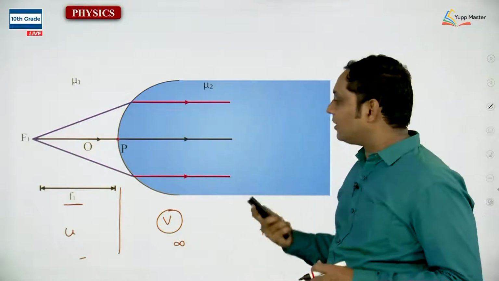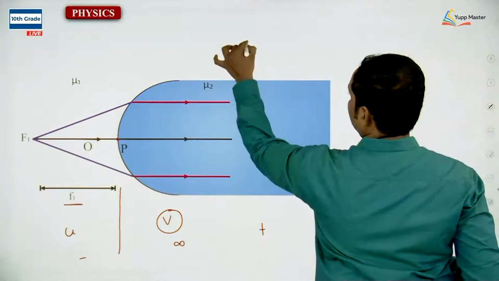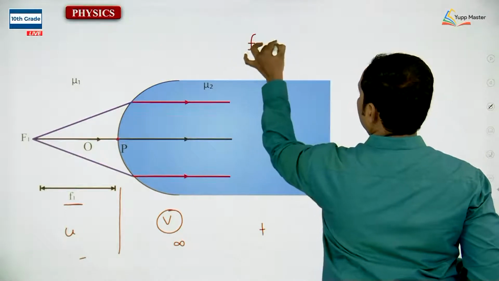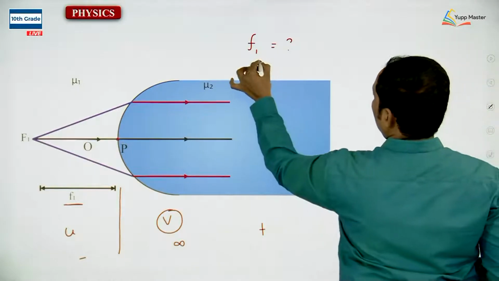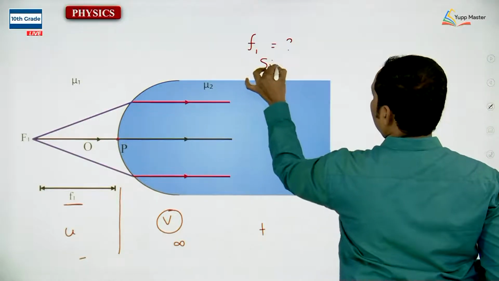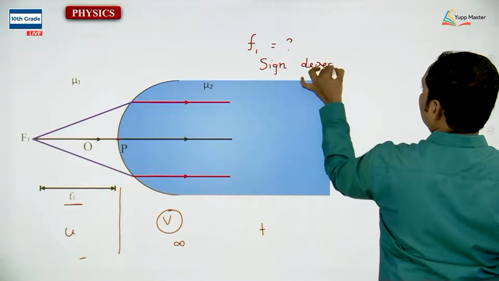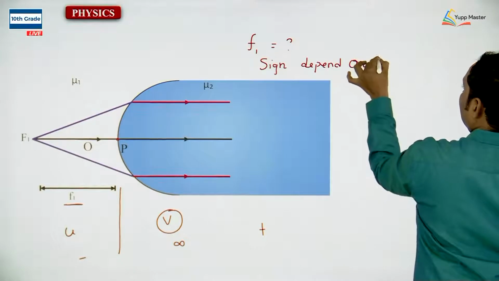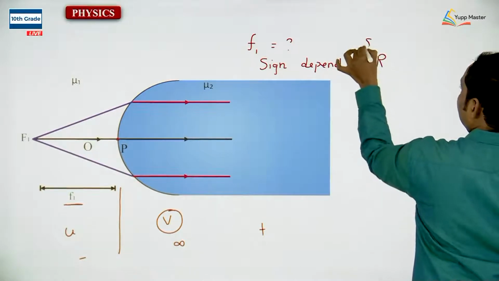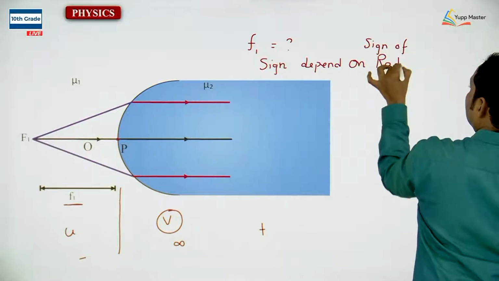We will discuss. Here, what is our aim? We are going to calculate F1 is equal to what. The sign of F1 depends on the sign of the radius of curvature.